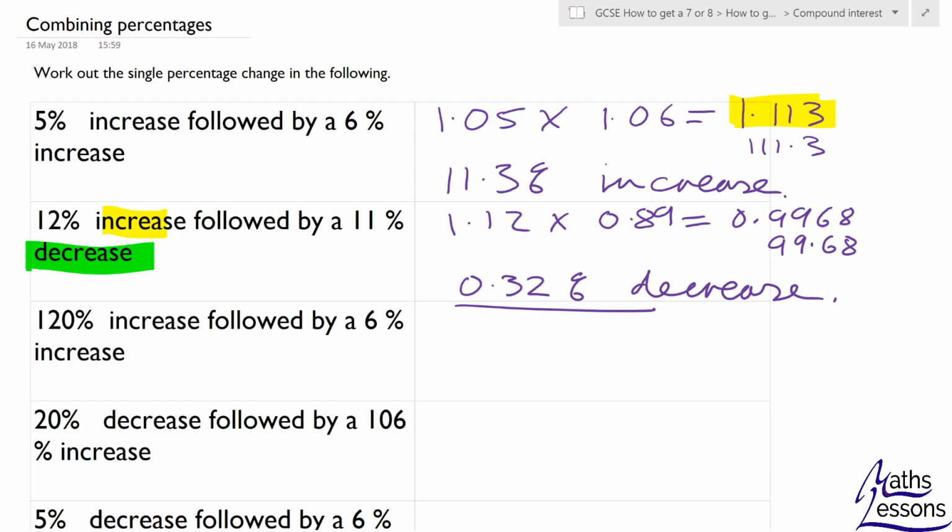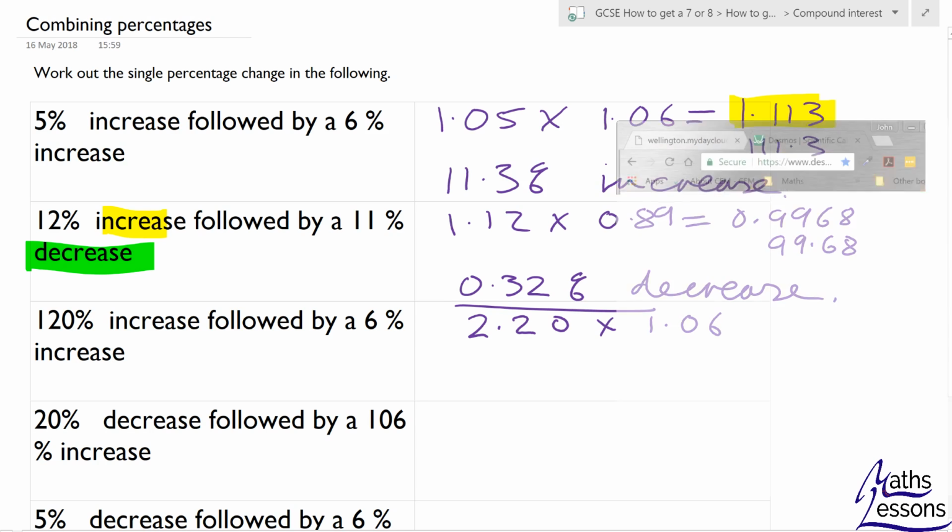Okay, both my students with me have finished this question, so let's just go through it. So 120% increase, that's a multiplier of 2.20, add on 100 and divide by 100, 2.20, followed by a 6% increase, so that's going to be a multiplier of 1.06.